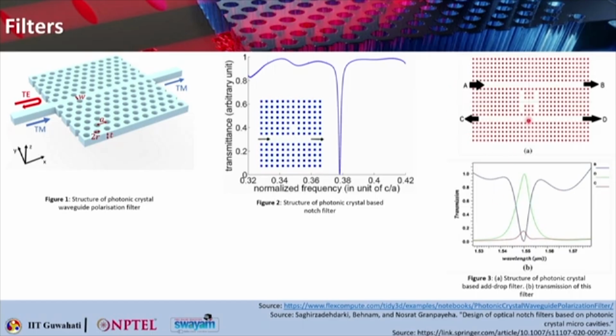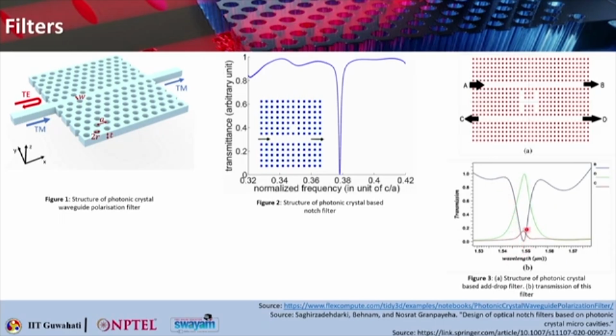Here you can see an add drop filter which includes a square lattice, and then you have an H-shaped filter that is placed between the two waveguides which are created by missing rows. This particular figure shows that all of the wavelengths pass from port B, except for 1550.